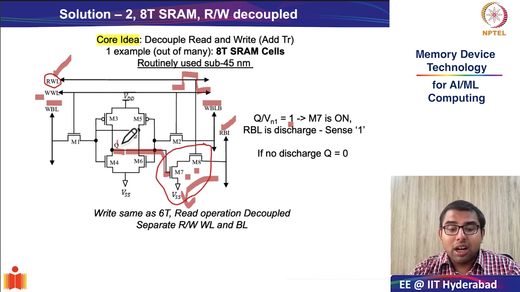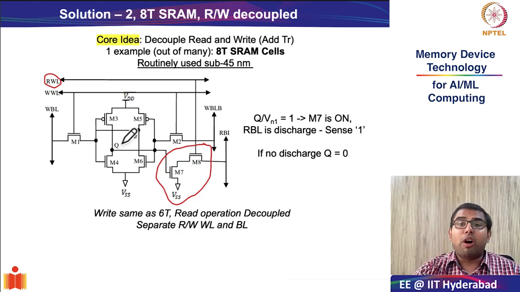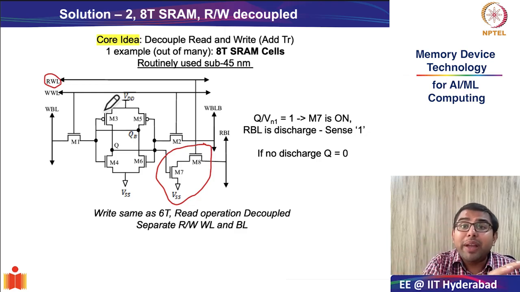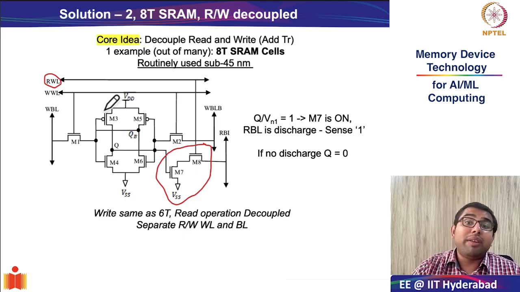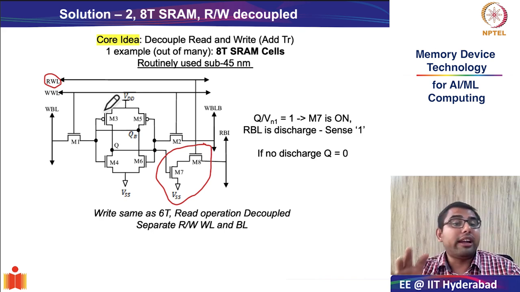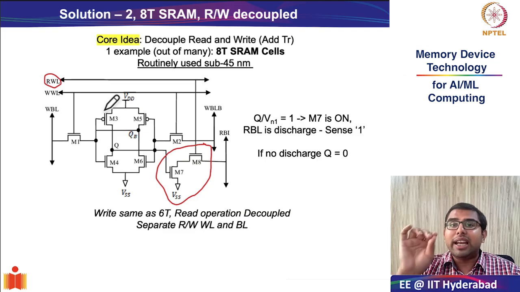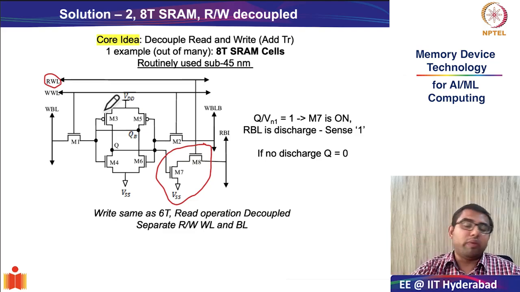In this entire diagram of the 8T SRAM cell, the write operation is identical to that of the 6T SRAM cell, and only the read operation has been separated out. Why has that been done? Why has it not been the opposite? Why didn't you decouple write separately, keep the read part of the circuitry the same, and make a new circuitry for write? So think very carefully. There is a very important lesson to be learnt over here.